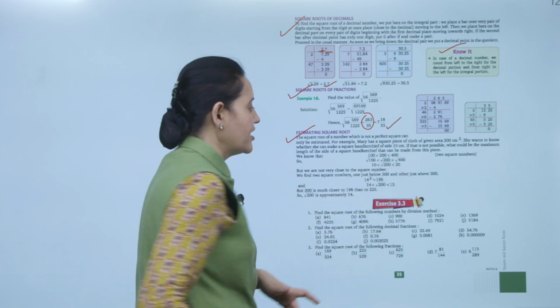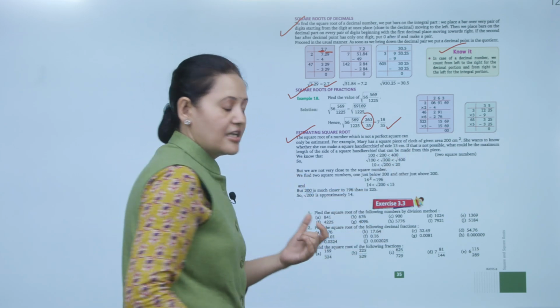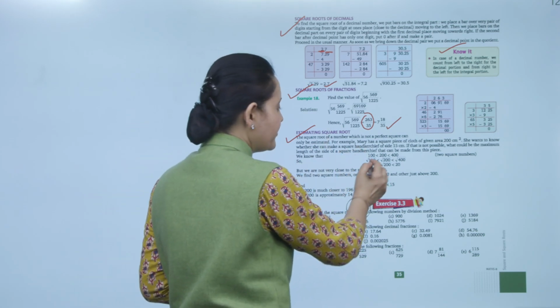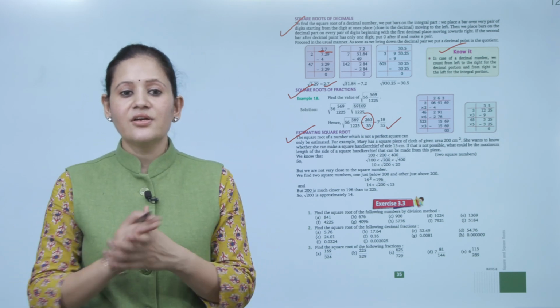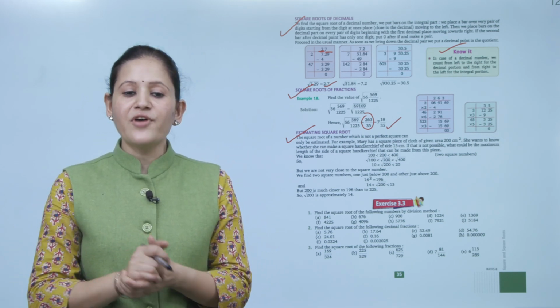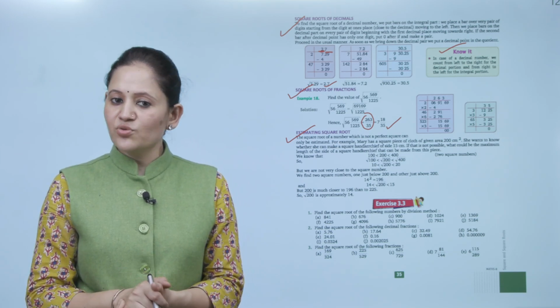So 200 lies between which two square numbers? 100 and 400. Clear? So 200 is more than the square of 10 but less than the square of 20. Clear? But we want to be very close to the square number. We find two square numbers, one just below 200, the other just above 200.